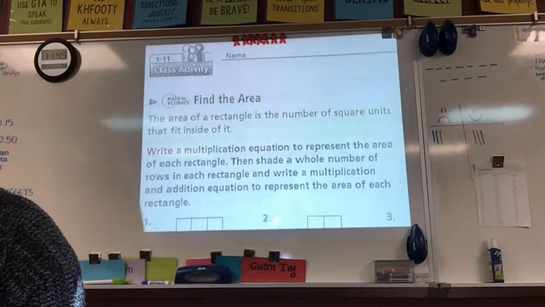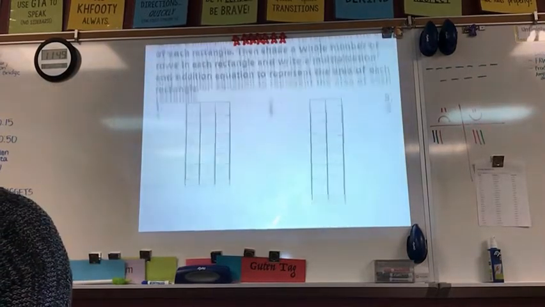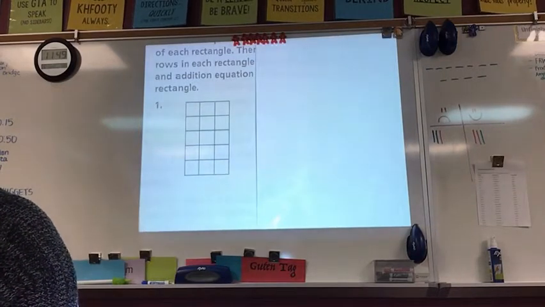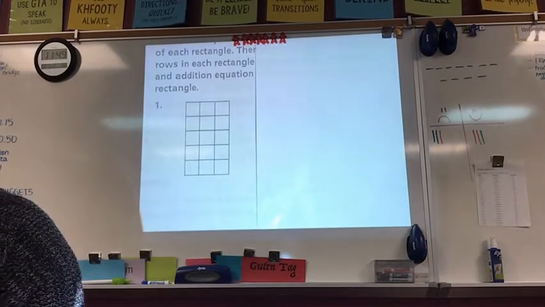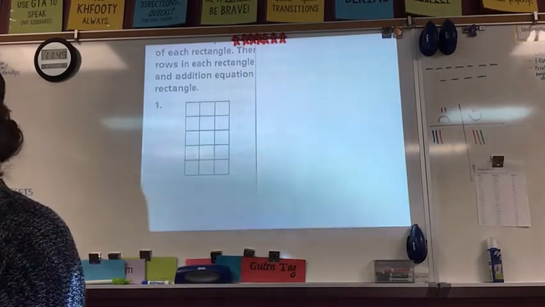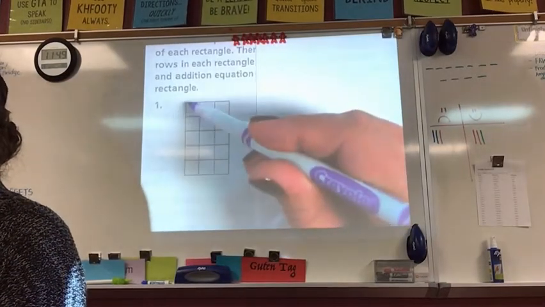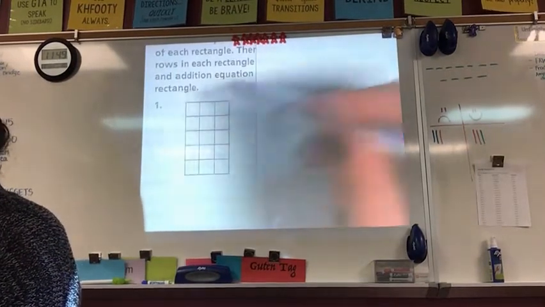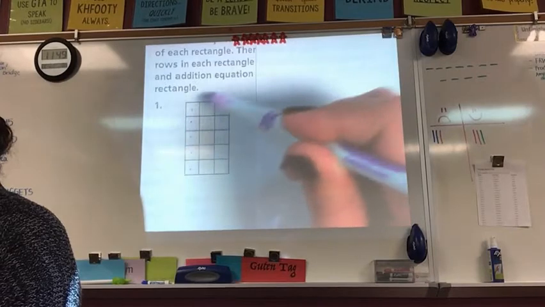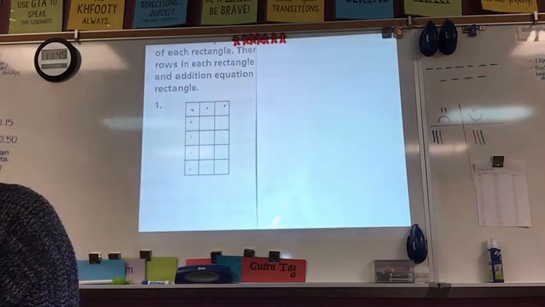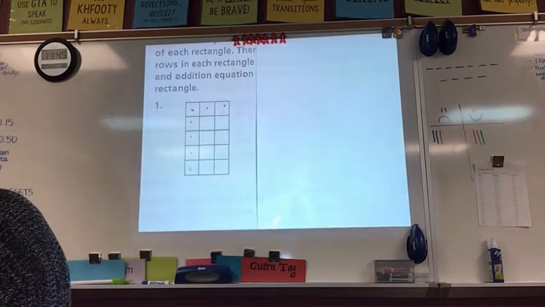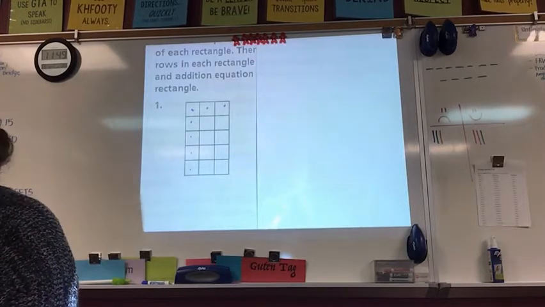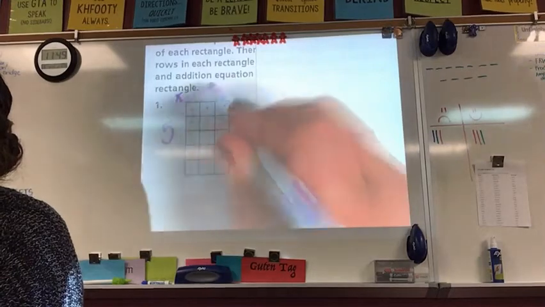So if I look at just this very first rectangle, numero uno. First, they want a multiplication. Now, very similar to an array, this is a what by what? Think it in your brain and raise your hand if you've got the answer. Kevin. It is a 5 by 3.